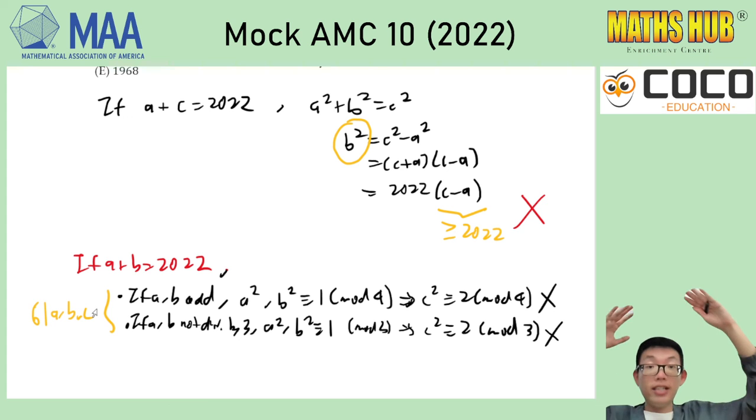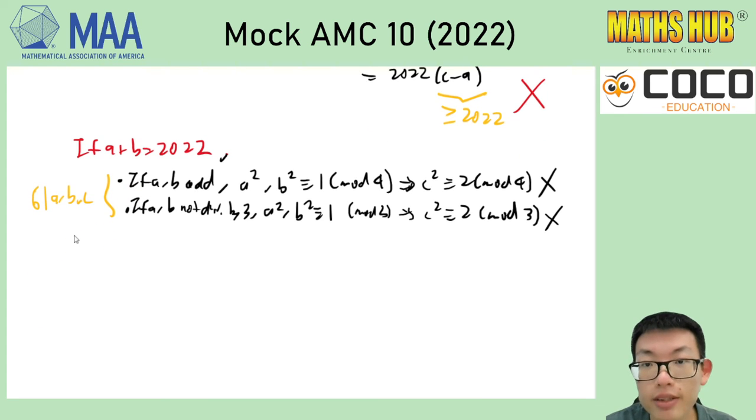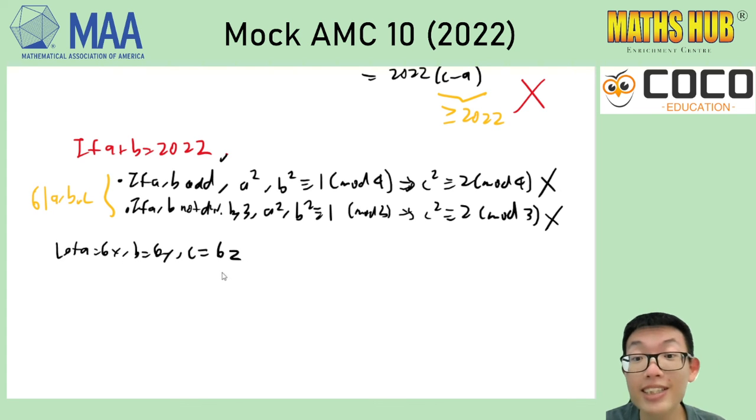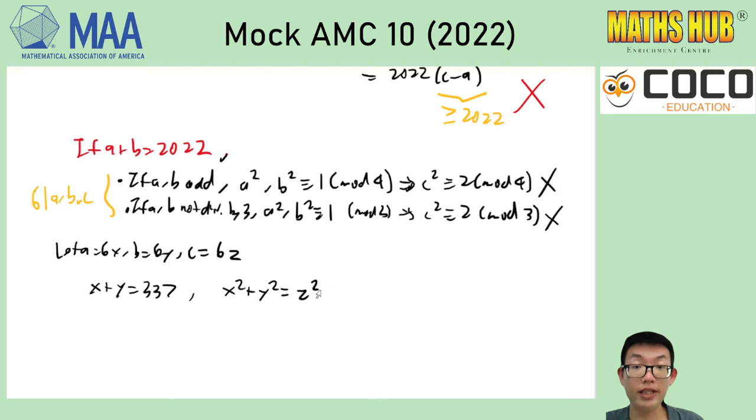So I can scale them all down and make the computation a little bit less bad. So I'll factor out 6 from everything, and now I have just got x plus y is 337, and x squared plus y squared equals z squared. So very quickly I bring down the number so that it's a little bit more feasible.